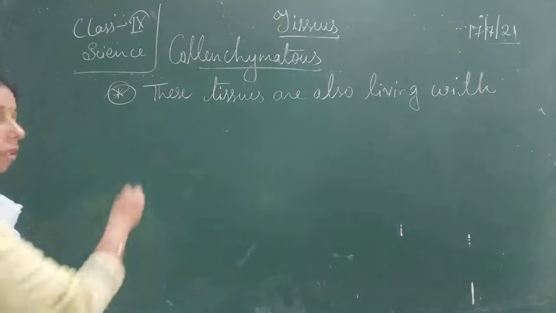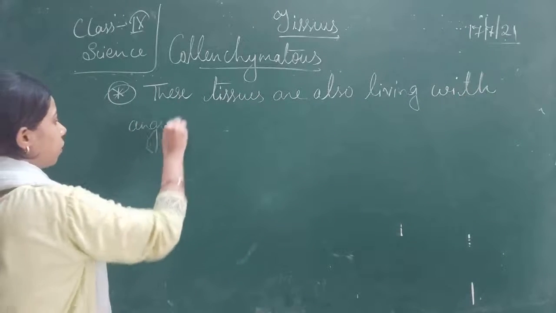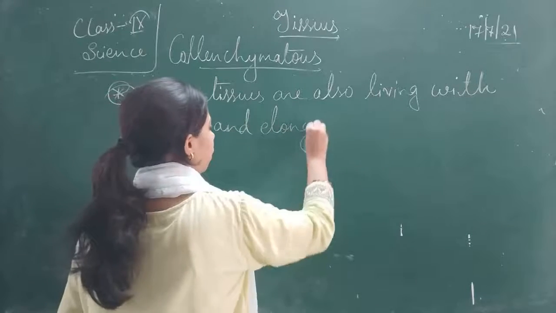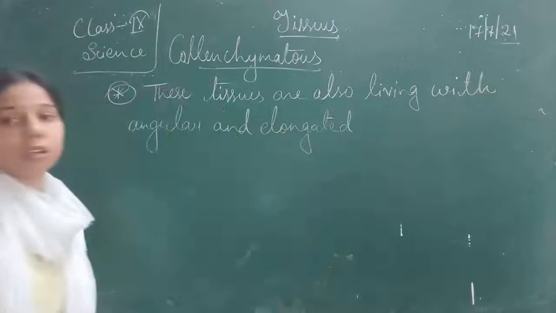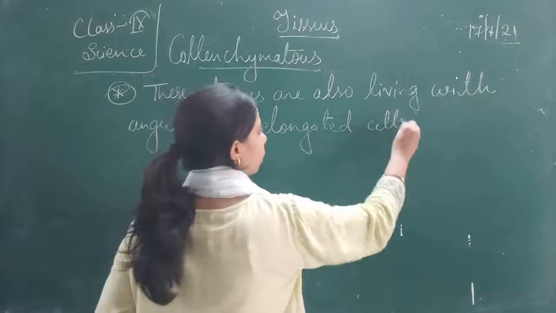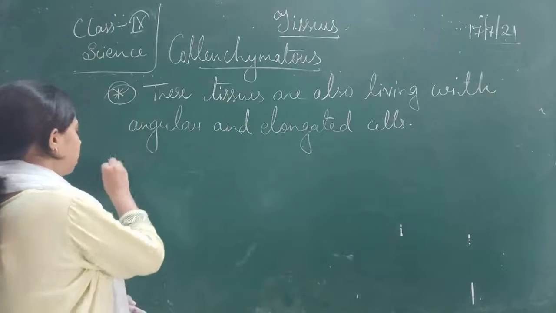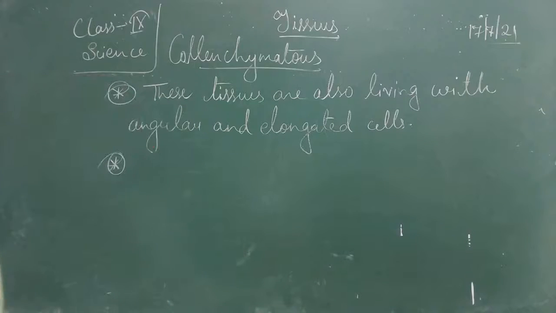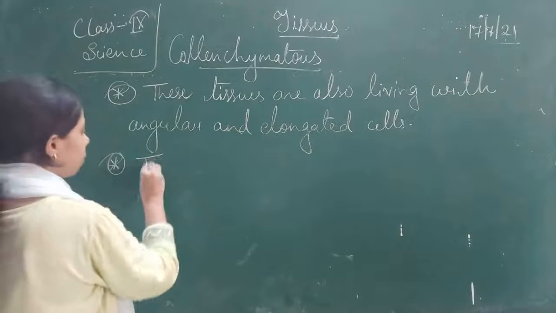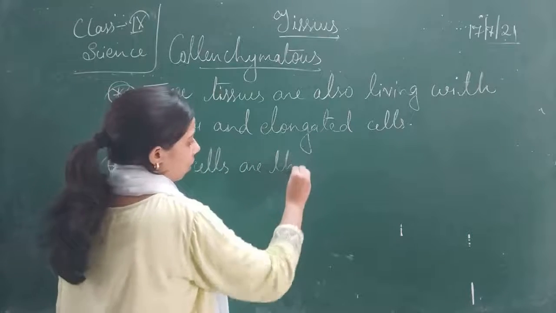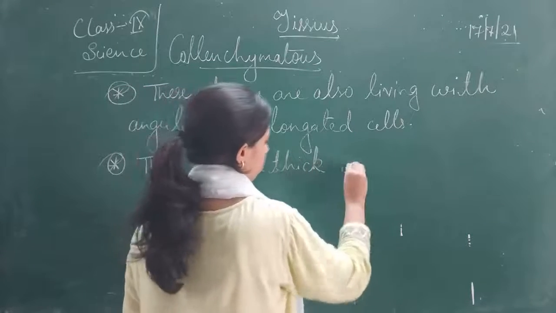With angular and elongated cells. So these tissues are living, with angular and elongated cells. The cells are thick walled.